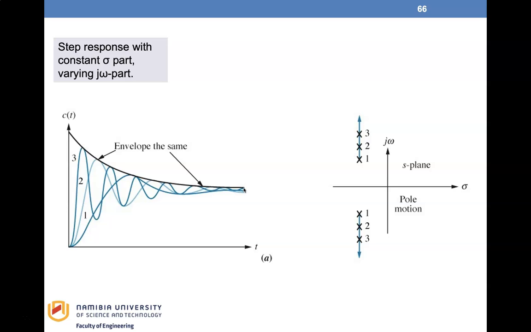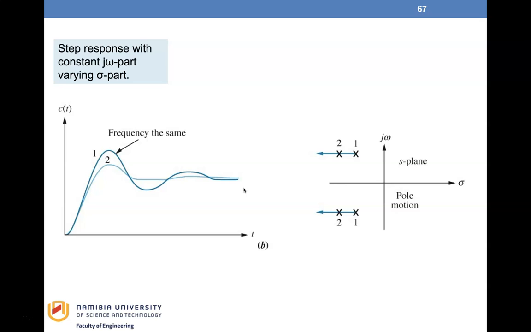If we now move the poles horizontally, that is changing the real part but keeping the imaginary part the same, we have figure B. Note that as the pole moves to the left, the response damps quickly, but the frequency remains the same. Note that the peak time remains the same because the imaginary part is the same.